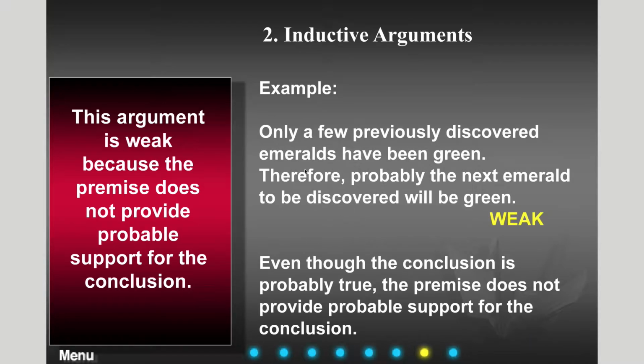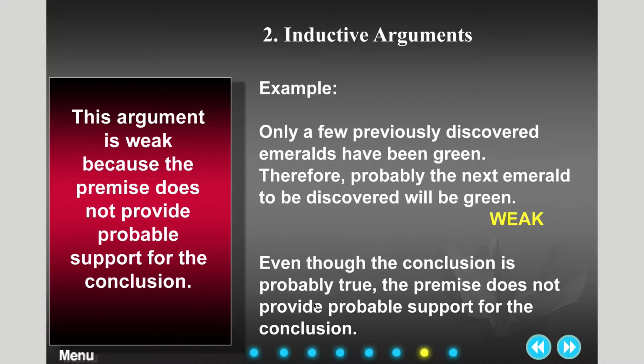Okay, so for example, only a few previously discovered emeralds have been green, therefore probably the next emerald to be discovered will be green. That's weak, right? It's few previously have been discovered to be green. Well, why would that tell us probably the next one would be green? No, we've been told that it's unlikely to be the case. That is a weak inductive argument.